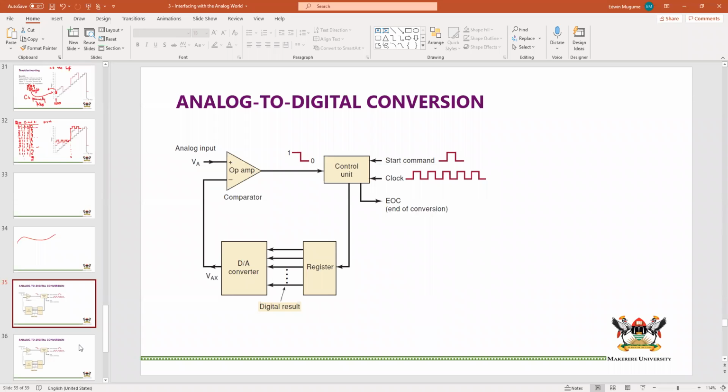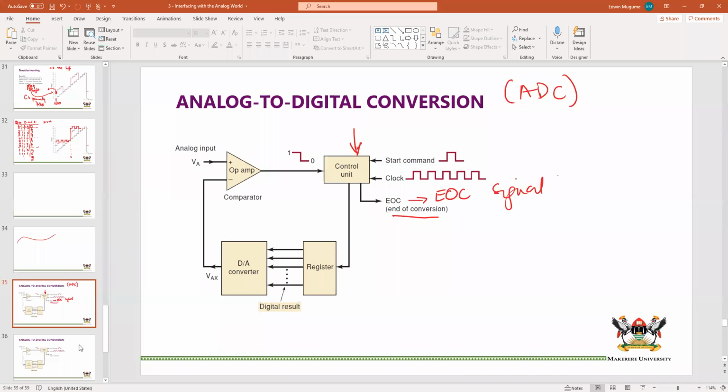So we should start with the control unit. The control unit is the part that controls the analog to digital conversion. This is the ADC, and you can see it has a start command and a clock. The clock controls the conversion, and the start command starts the conversion. When the conversion has ended, we get an end of conversion signal.